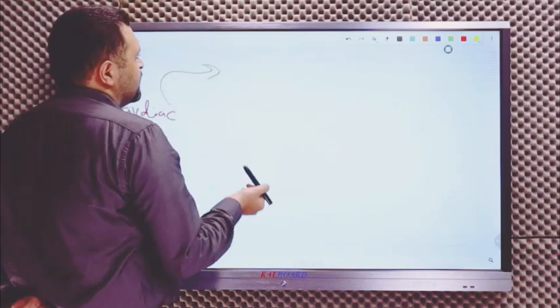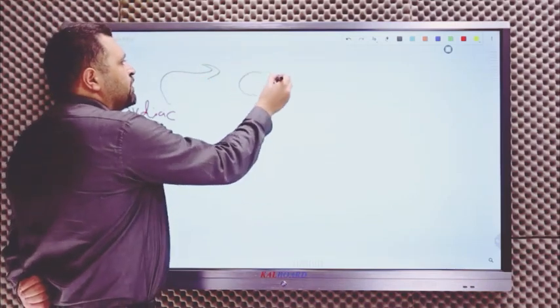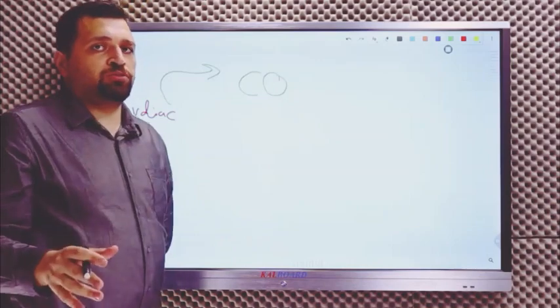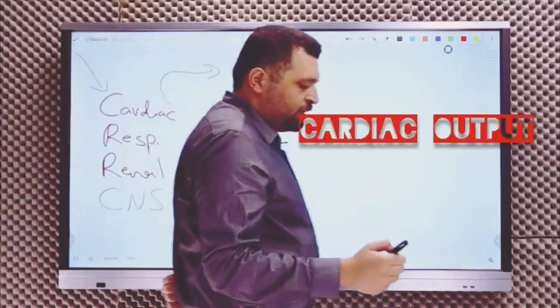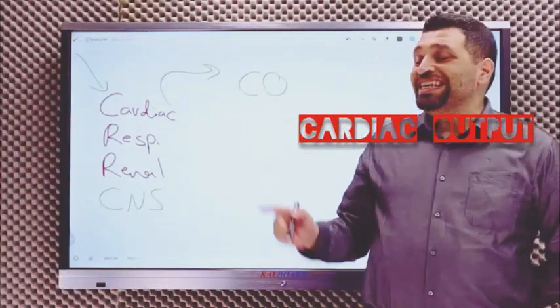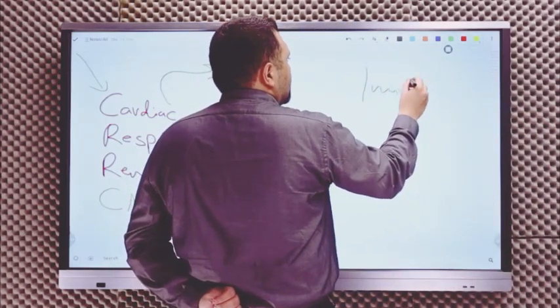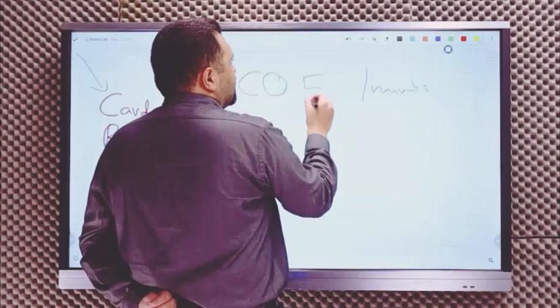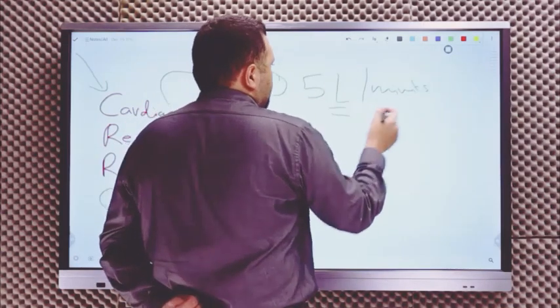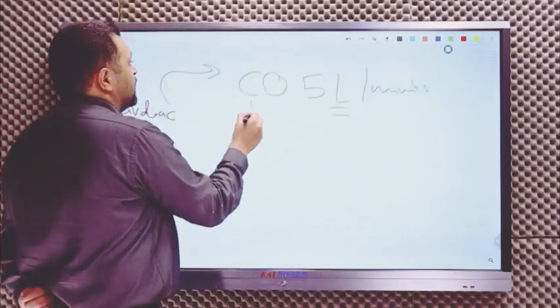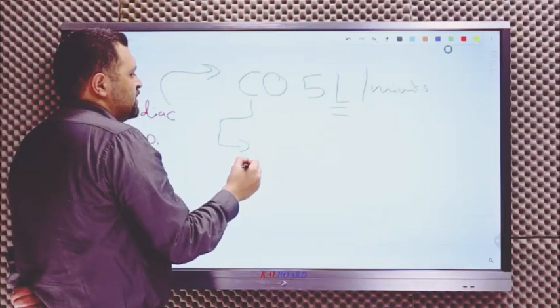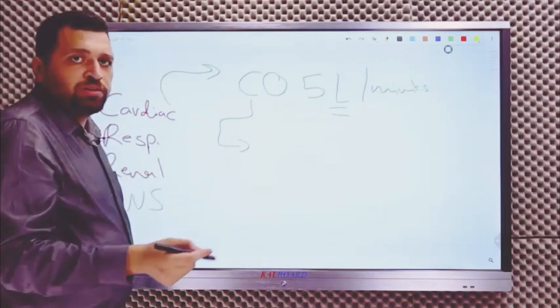If we start with the cardiac system, you know there is something called cardiac output. It's the amount of blood the heart pumps each minute, let's say 5 liters per minute. But what's the equation, or let's say the rule, of cardiac output?